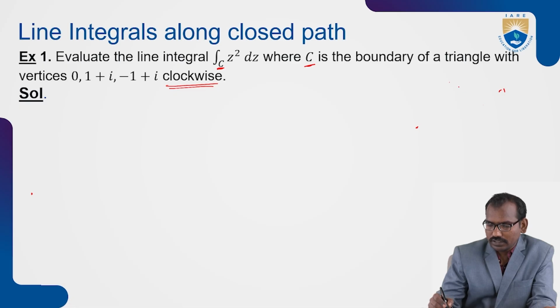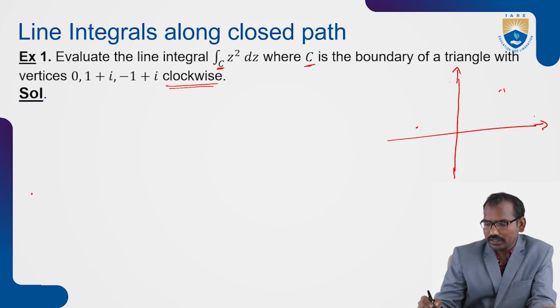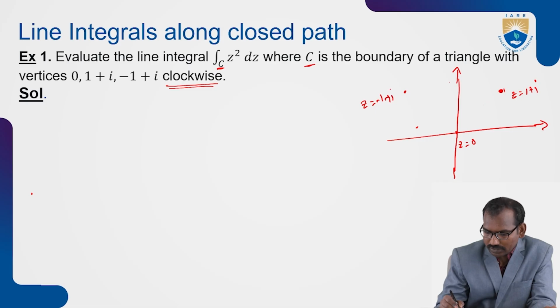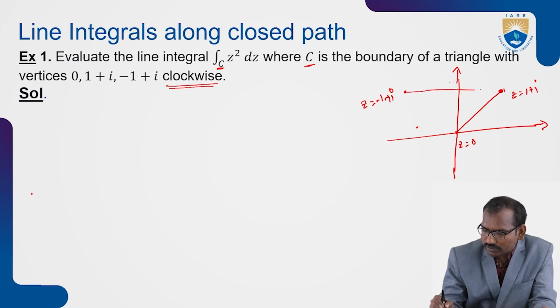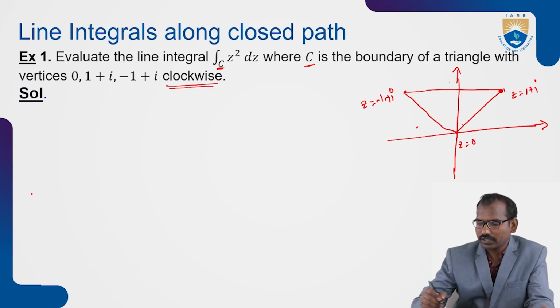Now I am drawing this boundary in the complex plane. This is z equals 0, this is z equals 1 plus i, and another point is z equals minus 1 plus i. I connect all these points to get a triangular path.